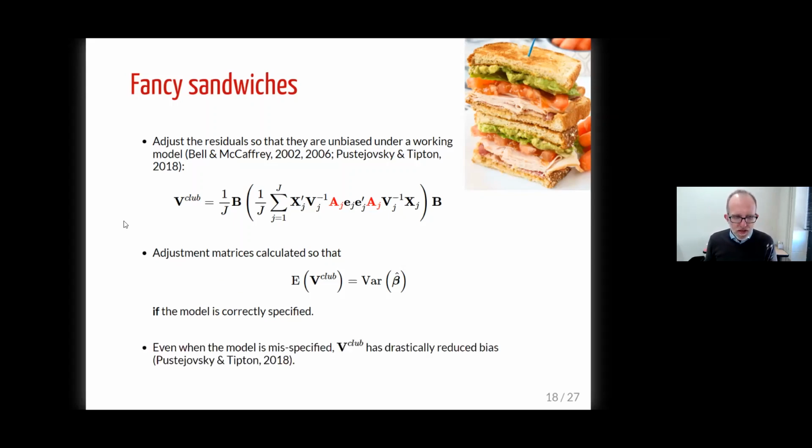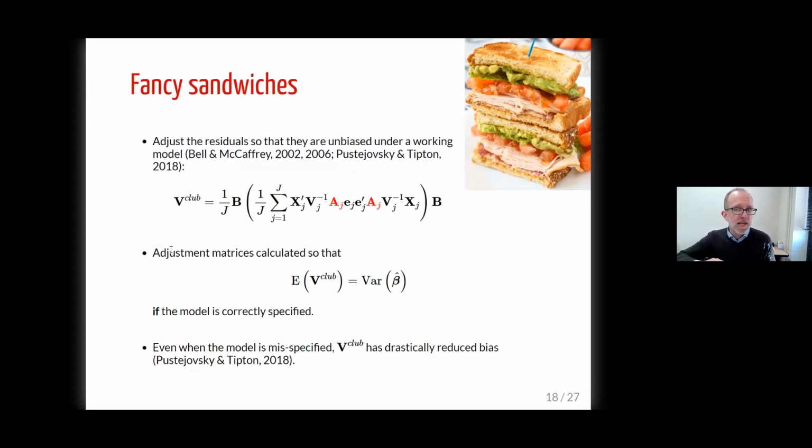So there's both theory and now a lot of simulation evidence to support the assertion that the model doesn't actually have to be correctly specified in order for these adjustment matrices to really work quite well.